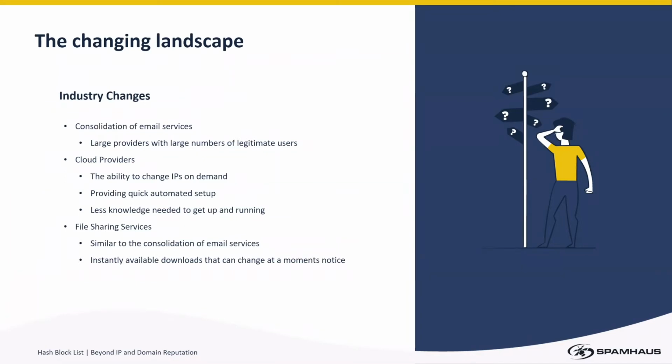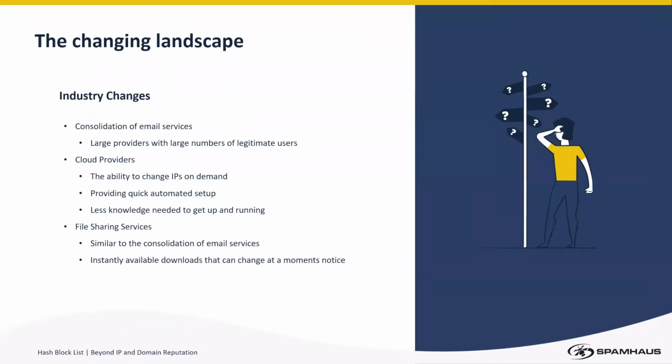But the main thing we're looking at in the way the industry is changing is that there's been a mass consolidation in email services. Essentially, there used to be hundreds and hundreds of providers that would offer mailboxes to people, but companies have been buying them up. Everybody's been consolidating, and now most people on this call probably have either a Gmail, an Office 365, or something along with their ISP that they have a mailbox for.